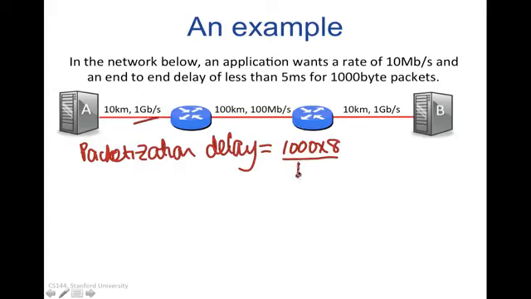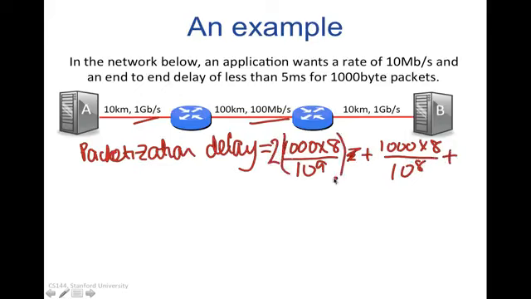So that's 10 to the power of 9. And plus, I need the same thing for the 1,000 byte packets going over the 100 megabit per second link, which is 10 to the 8. And then I'm going to have the same thing over here for this. I'm just going to multiply this by 2 because the last link is the same.